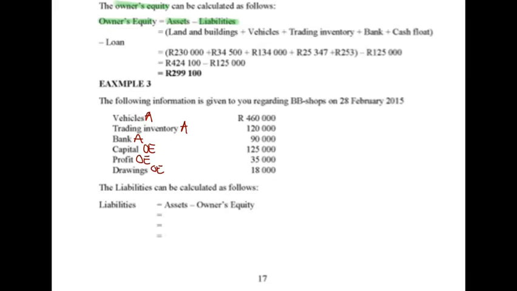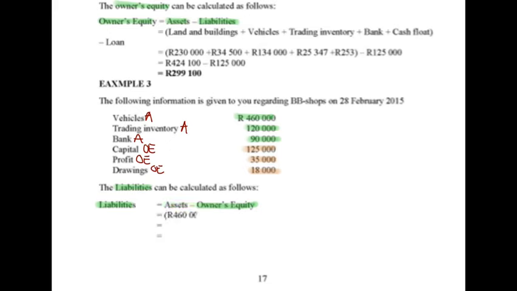They ask you then to calculate the liabilities. Now liabilities can be calculated by using the accounting equation and adapting it. So I'm adapting it to say liabilities are equal to assets minus owner's equity. Now first of all, if I want to calculate assets, I first need to go and add up the three asset amounts. And if I want to calculate owner's equity, I first need to add up and subtract my drawings amount. So let's go and do that.